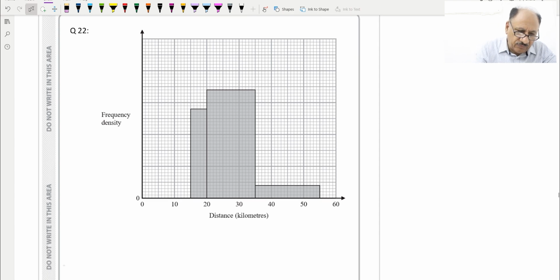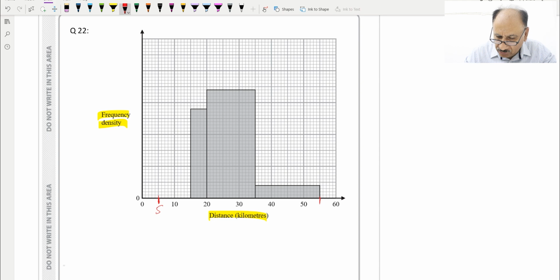This side is frequency density, this is distance in kilometers, and they're saying all of the adults ran at least 5 kilometers. So it means there's nothing before 5. We will not be going lower than 5. None of the adults ran more than 55.